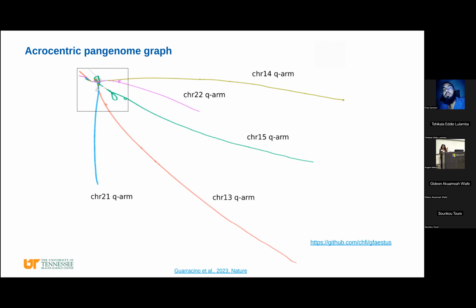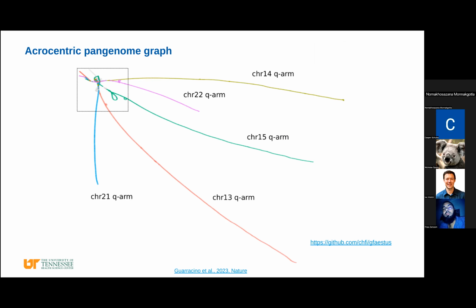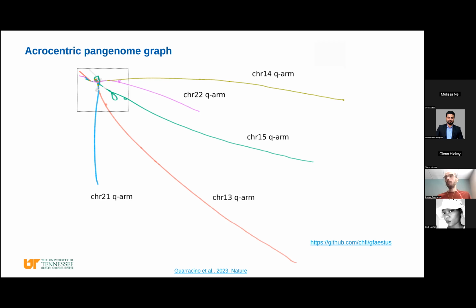So we partition the assemblies by chromosome, and we make a chromosome 1 pangenome graph, a chromosome 2 pangenome graph, but if needed, you can also apply Pggb on a pangenome graph representing multiple chromosomes together. This is an example of a pangenome graph representing 5 human chromosomes. In this example, the 5 human acrocentric chromosomes.